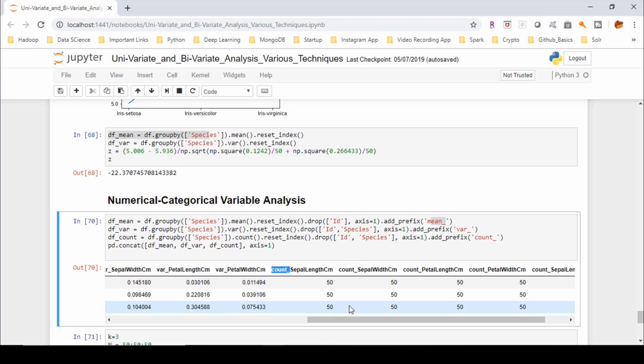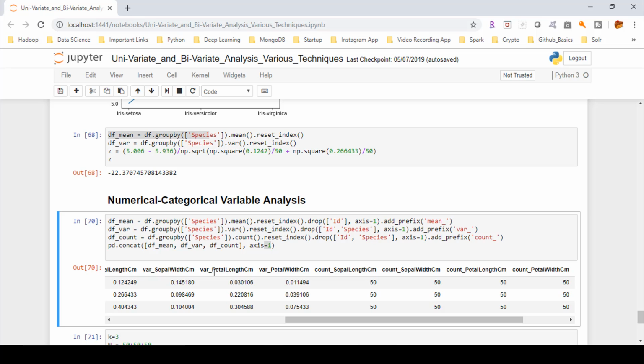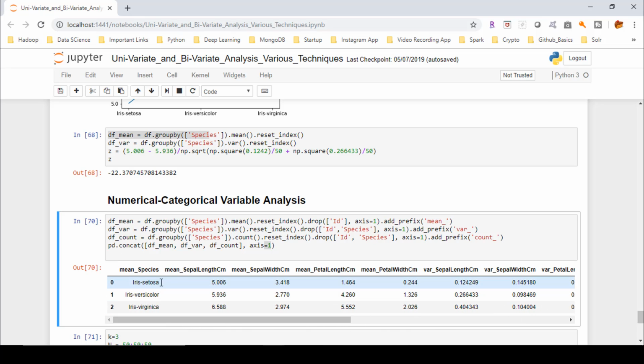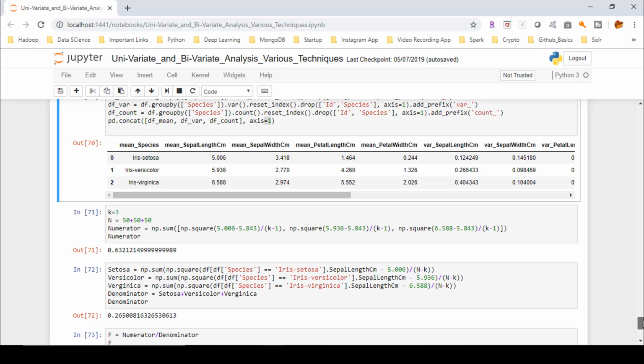So here I have calculated these mean, variance, and count values individually, and after that I concatenated all the three values using the concat method, and the axis I kept as columns. So you can see that all the values are calculated here. That's where I'm utilizing these values for the calculation.